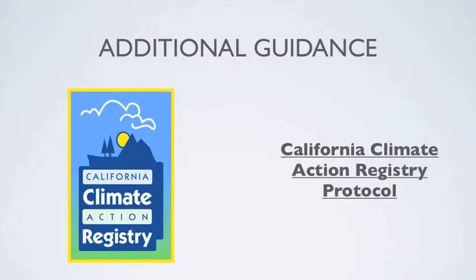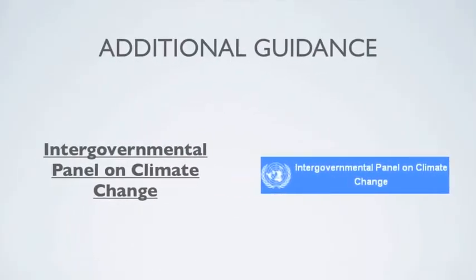Another source of guidance is the Intergovernmental Panel on Climate Change, or IPCC. The IPCC was established by the United Nations in 1988 to evaluate the risk of climate change because of human activity. One of the IPCC's main activities is publishing special reports on topics relevant to the implementation of the UNFCCC.